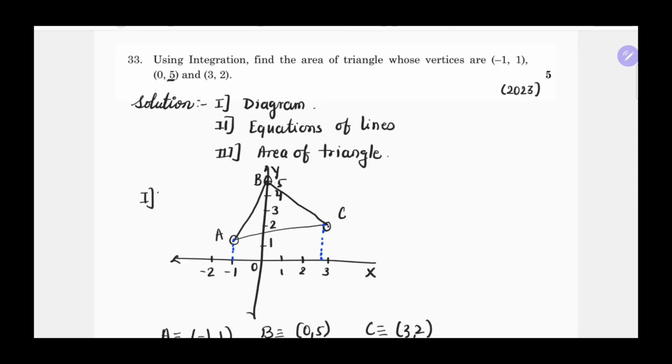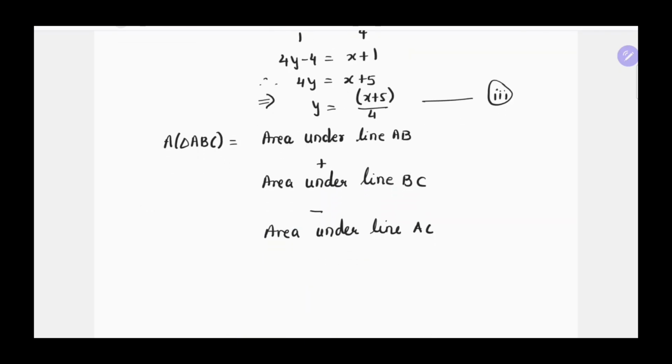Since we are going to find the area along the x-axis, we are going to have the area under AB shaded in blue, then under BC shaded in yellow. Now here, below the AC line the area is getting repeated. This area under line AC I have to remove. Area under AB plus area under BC minus area under AC.